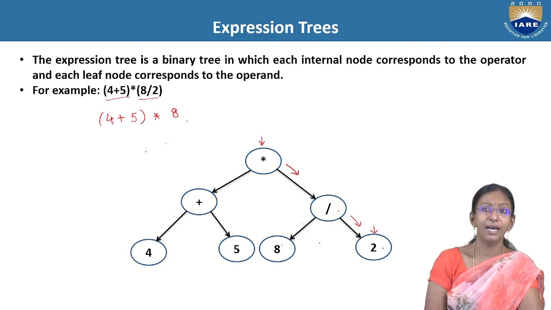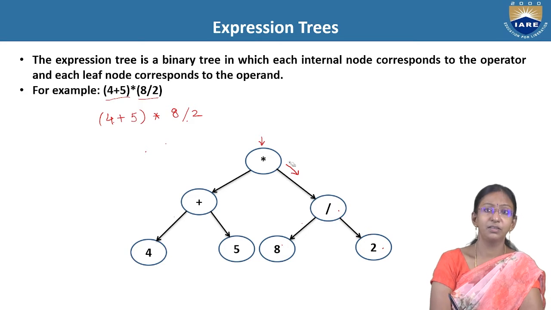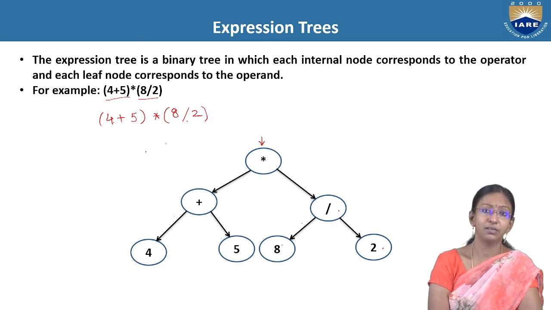As 2 does not have any left operand, I'm going to go with the root, which is 2. As it does not even have any right operand, with this I can say that I have completed parsing the right subtree of the star operator, the multiplication operator. As 8 by 2 acts as a sub-expression, I'm going to put it in brackets, right?